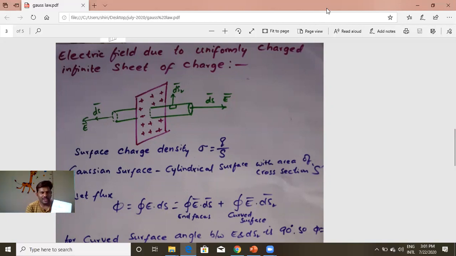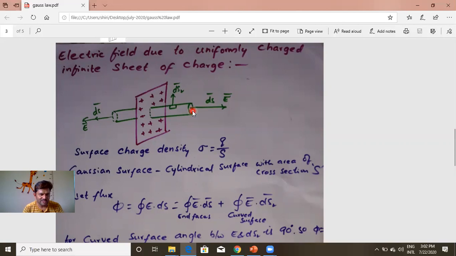Now also, we need to consider the closed surface. First step, closed surface, because to apply Gauss law we need to consider a closed surface. As shown in the figure, I am considering here at a certain distance, we are not mentioning the distance r.